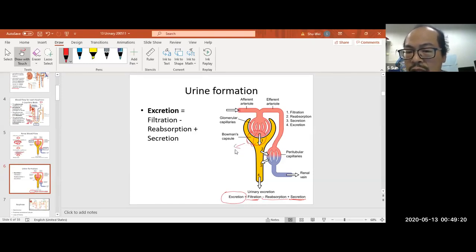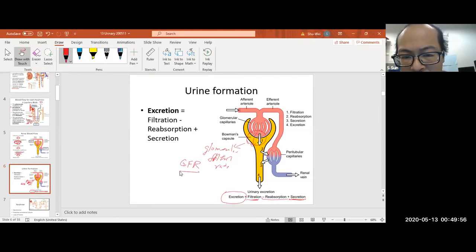That's why, to detect kidney function, we detect the protein, because protein defines how well our filtration function is. This filtration is also called glomerular filtration. The rate to go through it is called glomerular filtration rate, short for GFR.